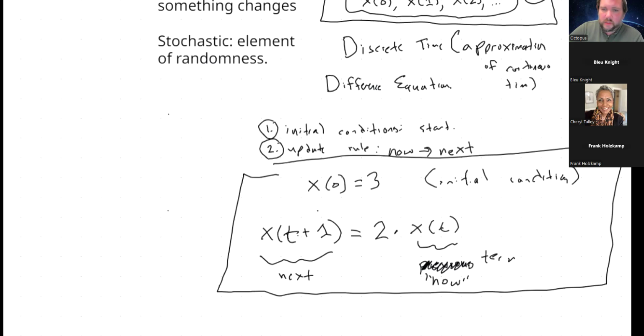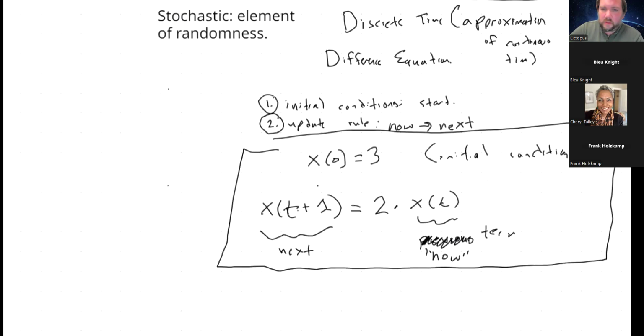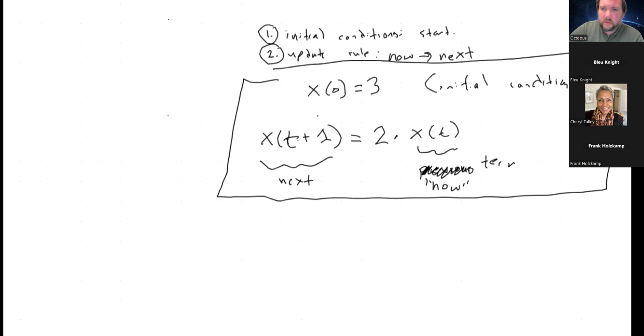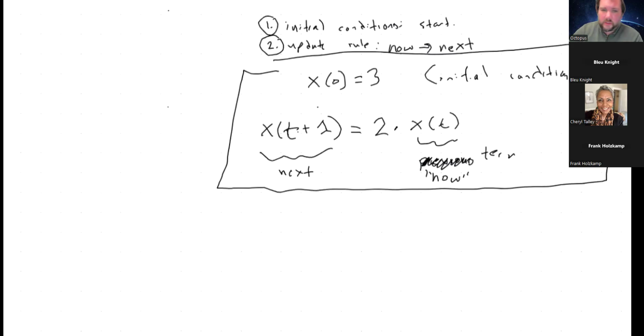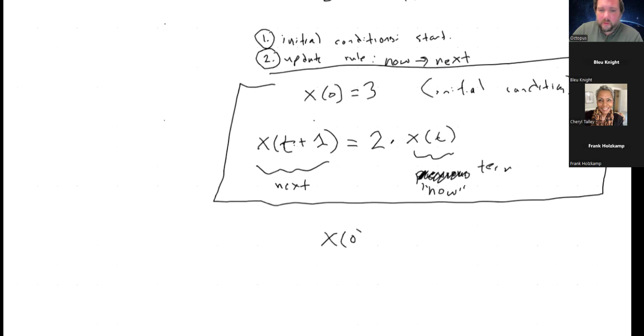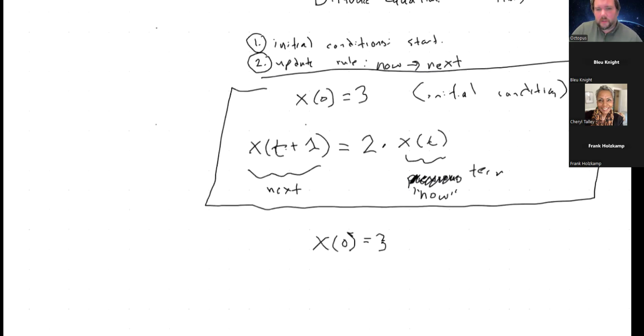What this does is I can use this to generate a sequence of numbers according to this rule. So I would start with x of 0 is equal to 3. Now, whenever time ticks, my next step, x of 1, will be 2 times 3, which is 6.